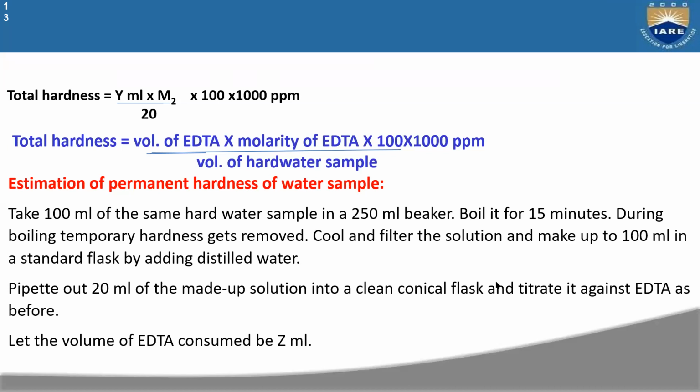Boil it for 15 minutes. During the boiling, temporary hardness gets removed. Cool and filter the solution and make up to 100 ml in a standard flask by adding distilled water.